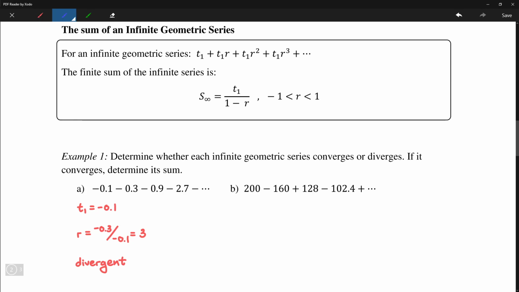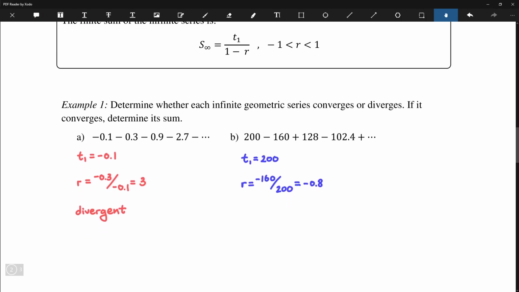Okay. Now, let's look at the second example. The first term is 200. The common ratio here would be negative 160 divided by 200. So the r value would be negative 0.8. Okay, fractions will work as well, but in this case, we're going to use the decimal value. So we know that this infinite geometric series on the right is convergent.